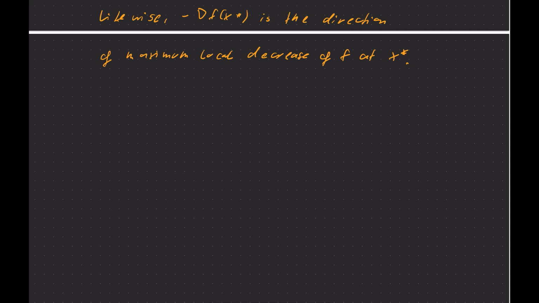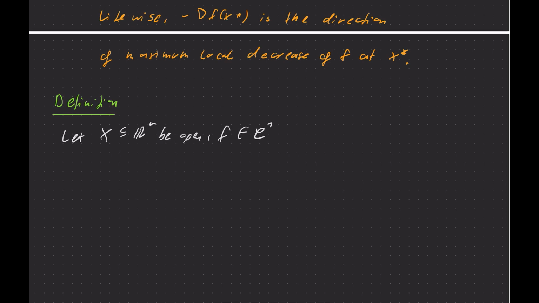Now let's just define a quick name for that fact, because we're going to use that in our algorithms, of course. So if we have a function, then these normalized directions are called the directions of steepest ascent or steepest descent at a point x star. Okay, so as usual, let x be an open subset of R^n.